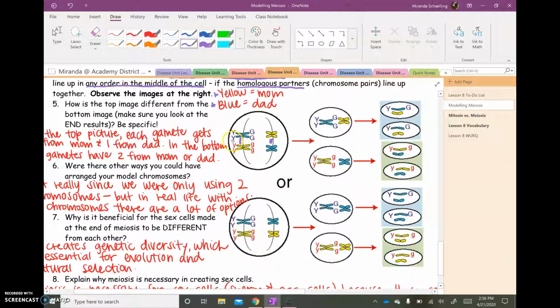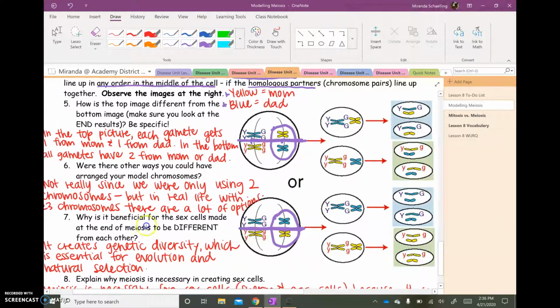So this guy, it's split here. And this guy, it's split here. But what you notice is that these two were swapped. So here we have yellow, blue, and here we have blue, yellow. Okay, and that's going to create some diversity in genetics.